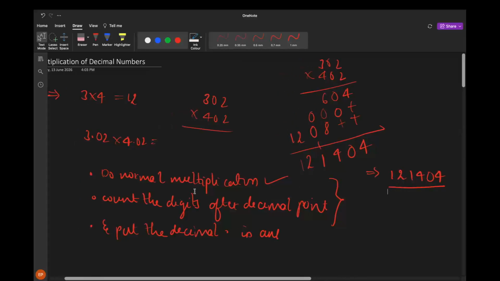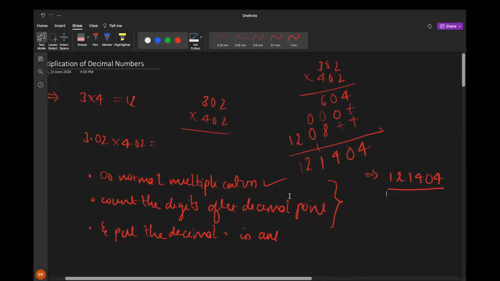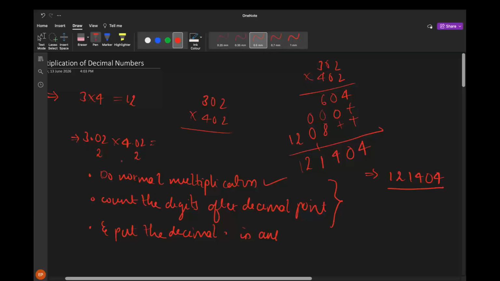Let us come here. Count the digits after the decimal point. Here in the question what they gave, 3.02 into 4.02, right? How many digits after the decimal point? 0, 2 means 2. Here also 2 digits after the decimal point. Total how many? 4 digits after the decimal point.